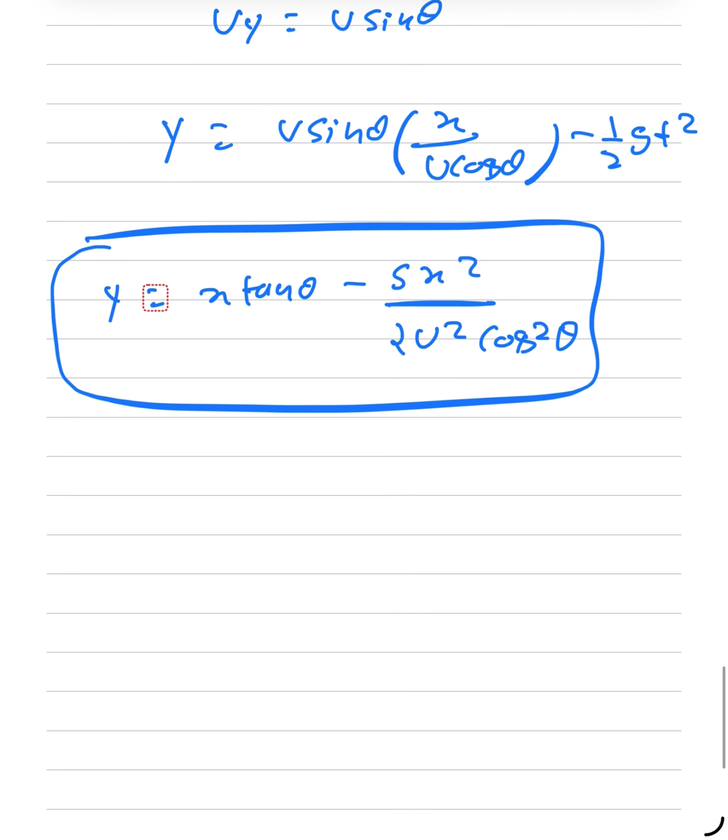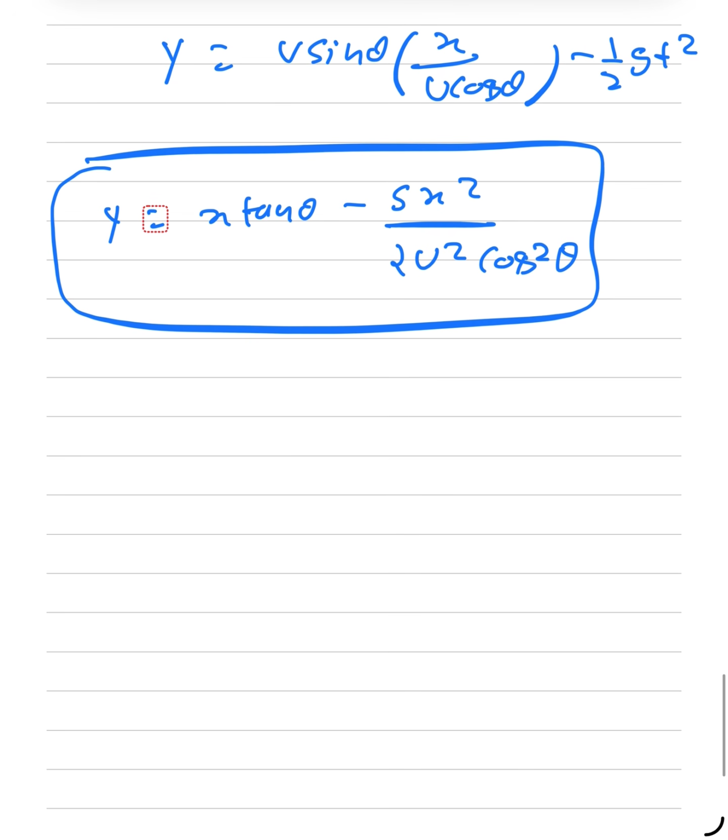This is the value of the y coordinate after time t, right.